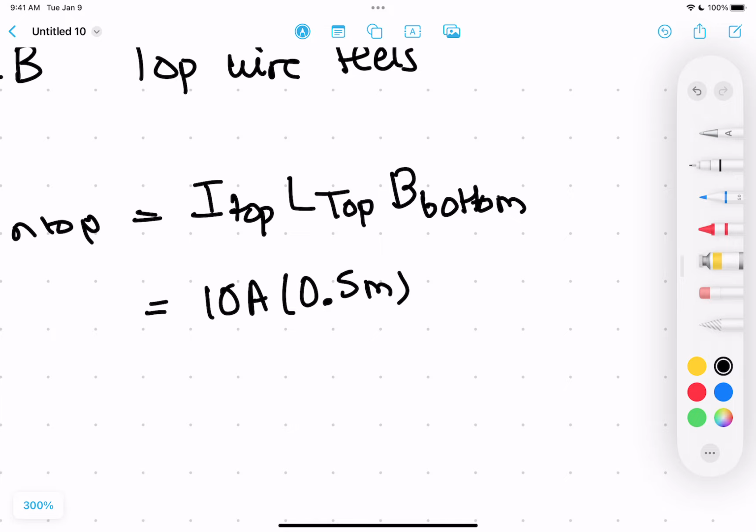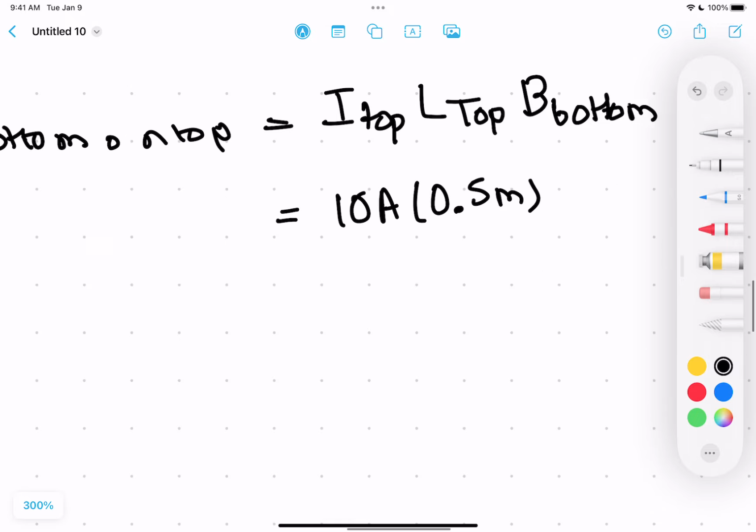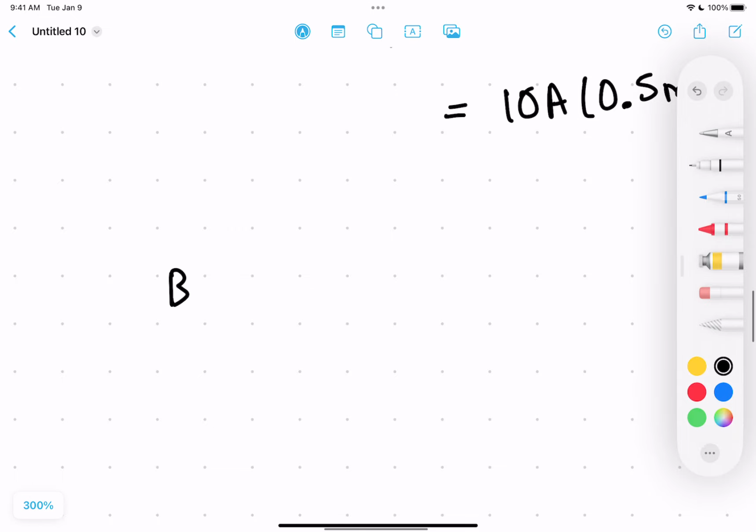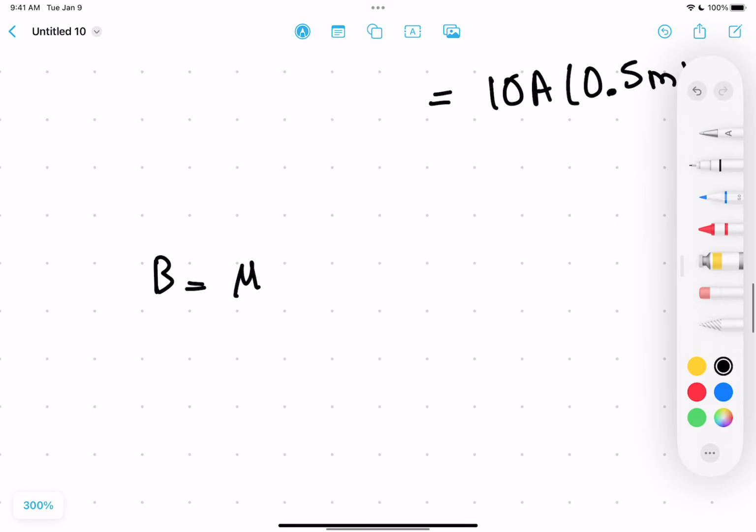Now, to figure out this magnetic field of the bottom wire, we have to use the equation for the magnetic field of a current carrying wire, which we did a similar problem with in the last exam. We take the permeability constant and multiply it by the current, then divide by 2 pi r.